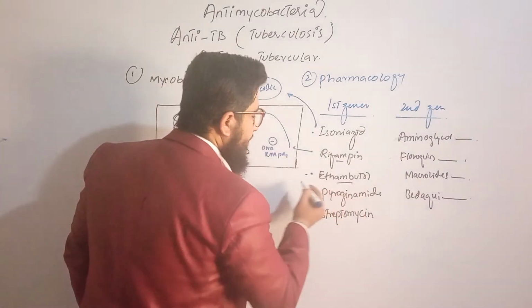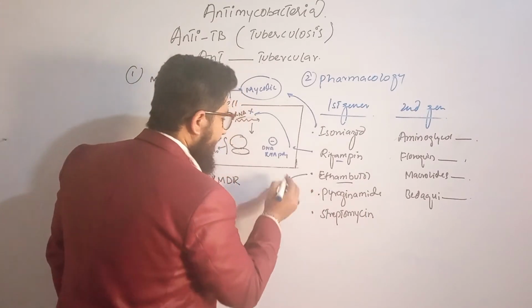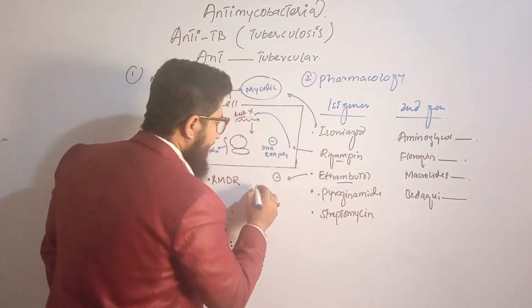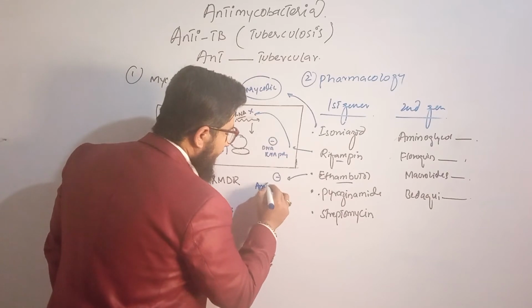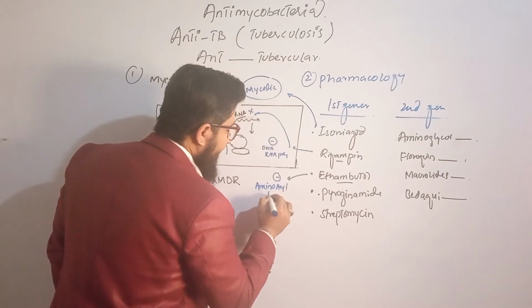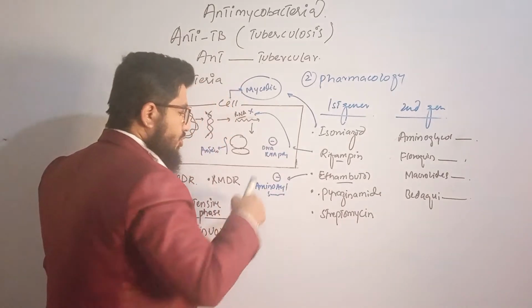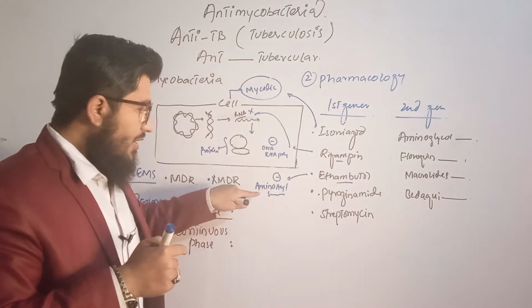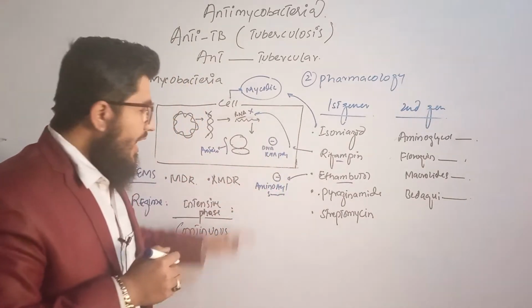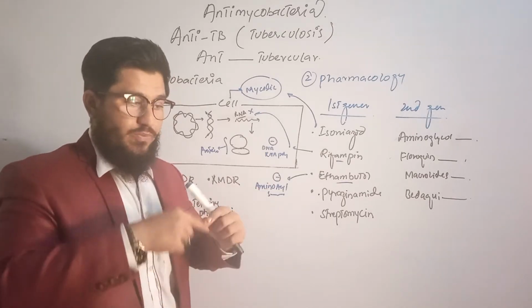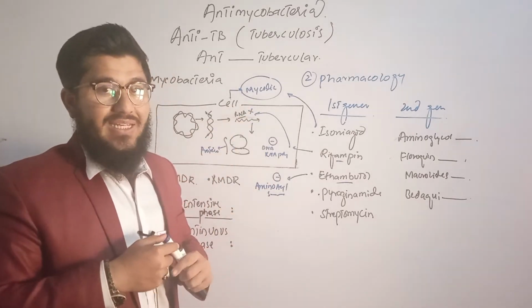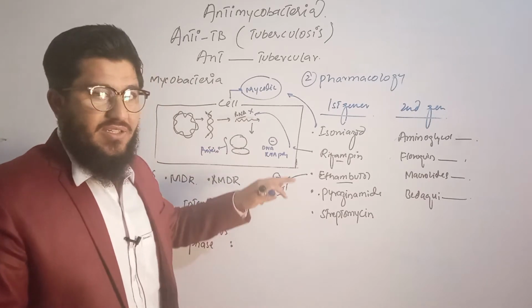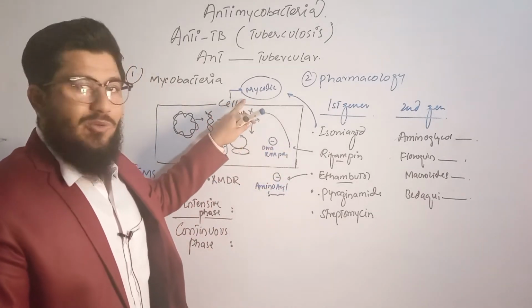Then we have ethambutol, a very important medication. It is going to inhibit another enzyme named arabinosyl transferase, formerly called amino acyl synthase in the lecture. First of all, let us know the function of this enzyme. It is supposed to synthesize arabinogalactan, which is a component of the cell wall.